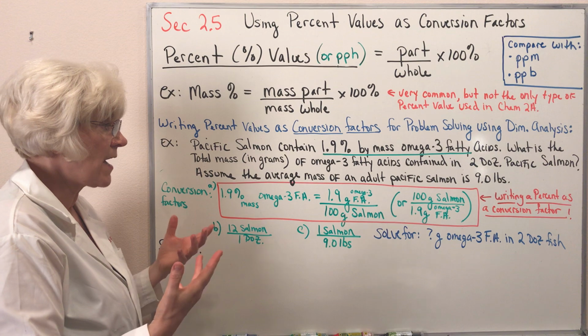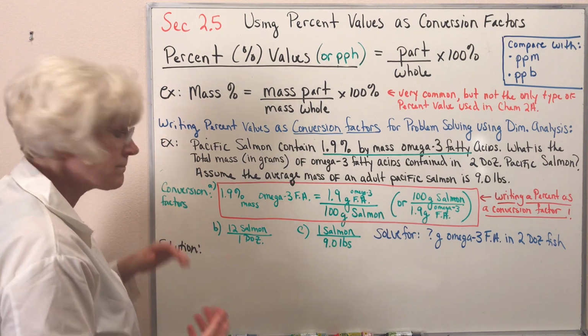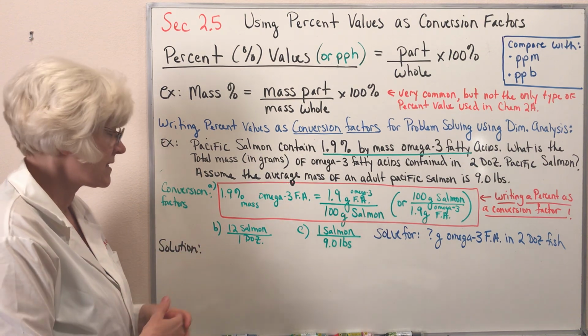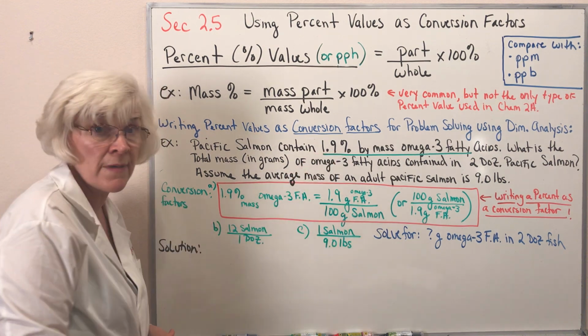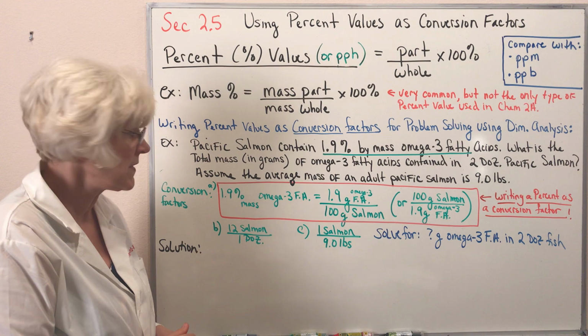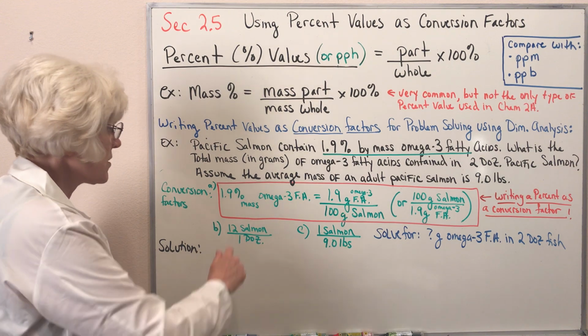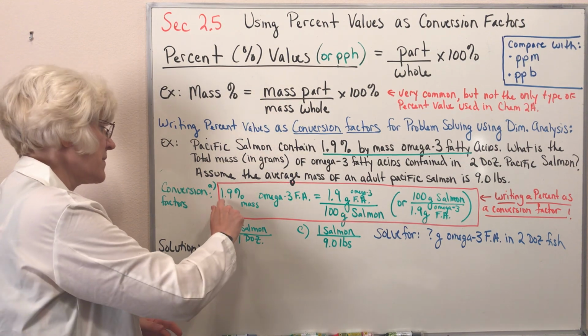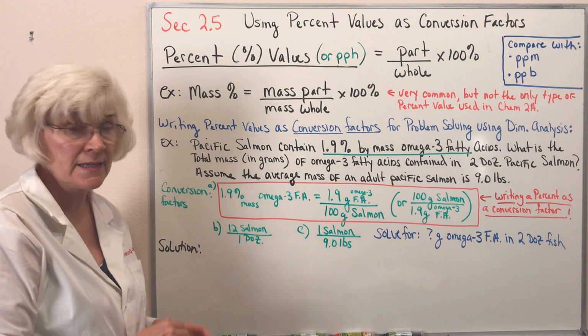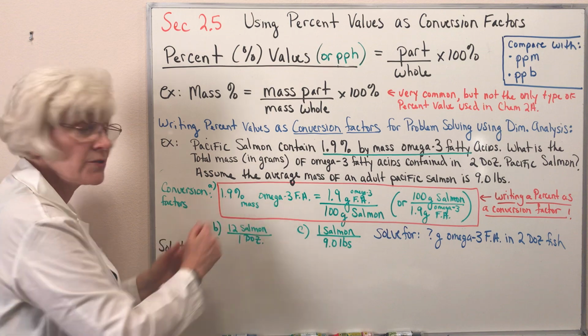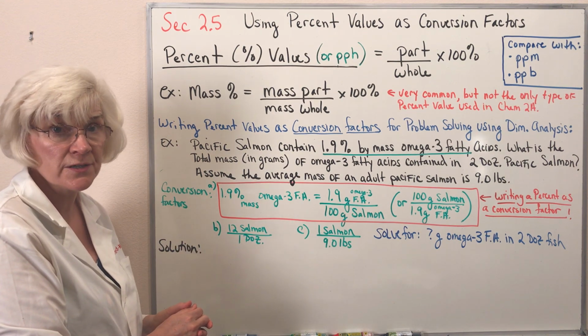So how do we go about solving this problem? Well, we need to come up with the necessary conversion factors, starting with that very important mass percent that was presented at the beginning of the problem. We're told that Pacific salmon contain 1.9% omega-3 fatty acids by mass. How do we write that as a conversion factor?